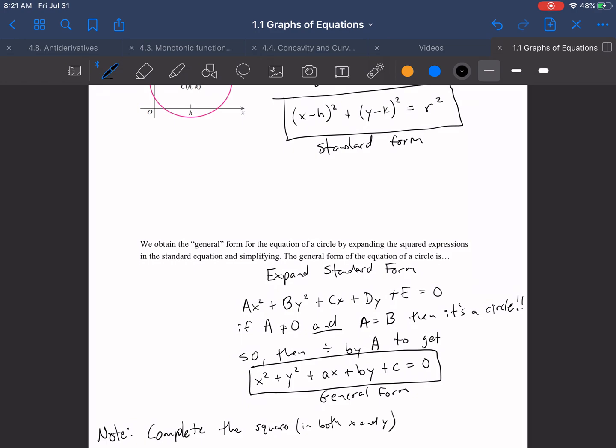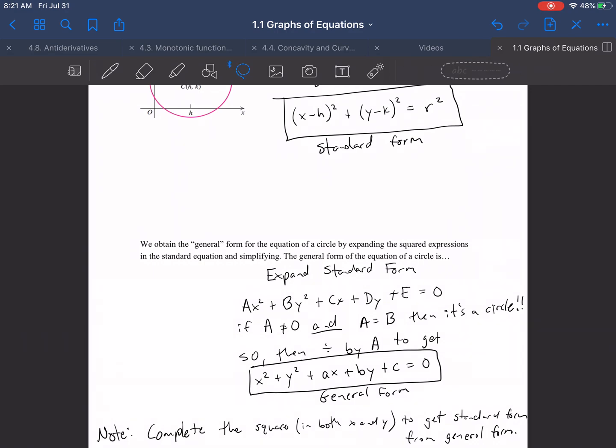So you have to do completing the square twice to get standard form from the general form. Okay, so it can be a little bit of a pain, but you can do it. So just go through and do that.